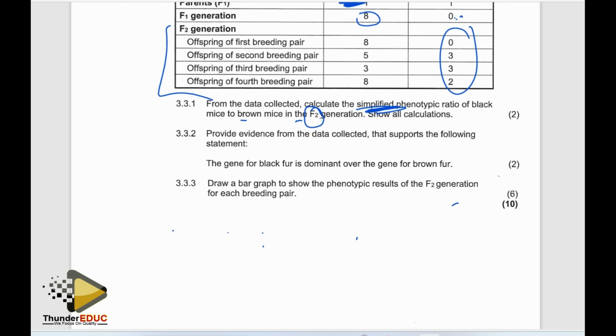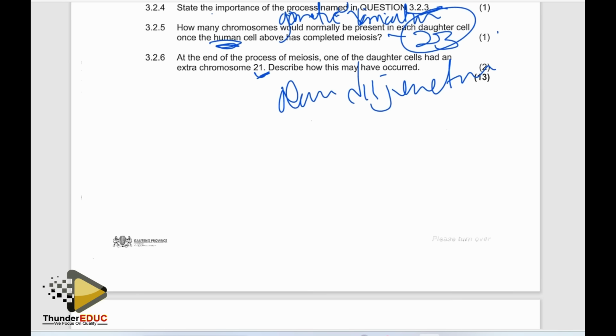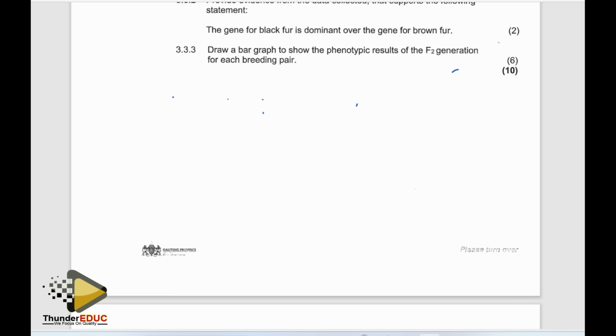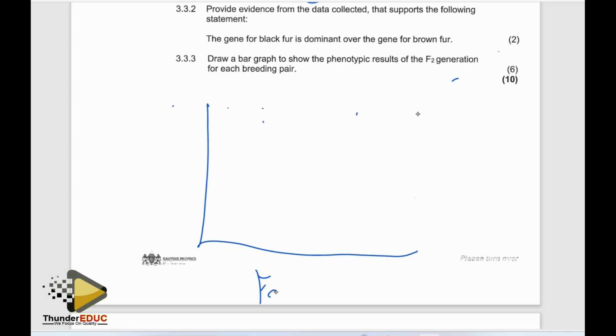This one is x, this one is y. So this one is going to go on y, this is going to go on x. We use that formula of id, guys, and then it means that your graph is going to look like this.